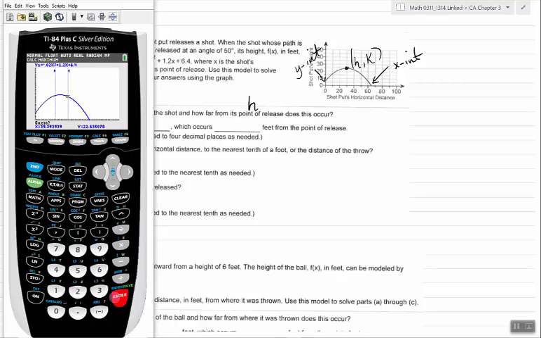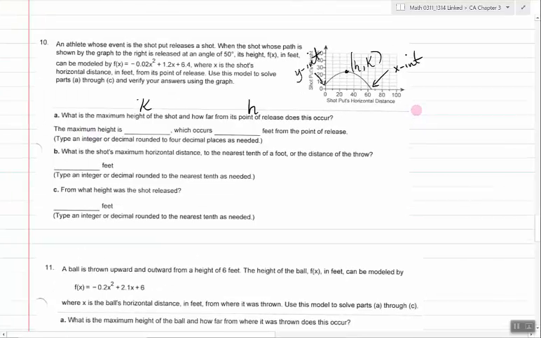Enter. You can see it is sandwiched between those two. Hit enter a third time, and this becomes (30, 24.4). So let me write that down. All right, the maximum height is 24.4, which occurs at 30 feet from the point of release.